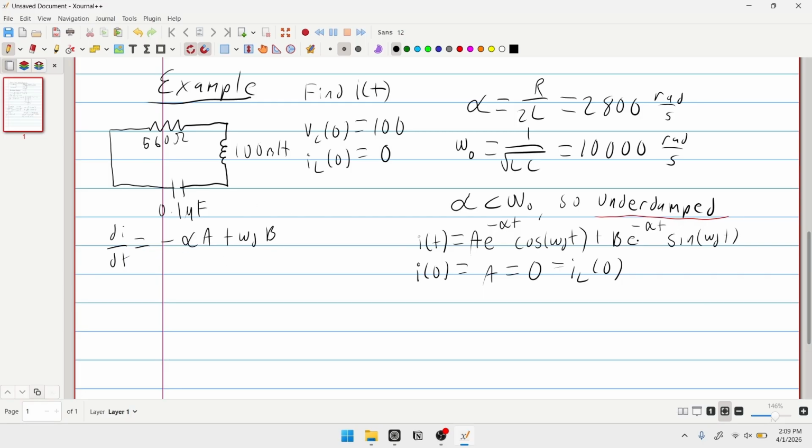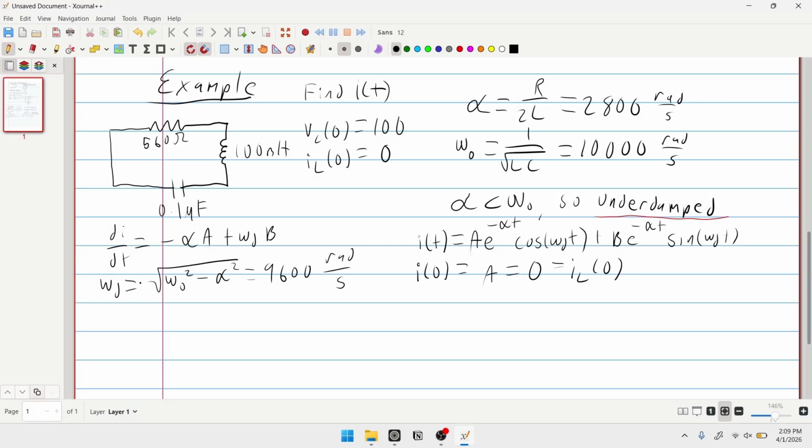Let's find our damped frequency first. Our damped frequency is the square root of omega naught squared minus alpha squared, and that equals 9600 if you plug it into your calculator.